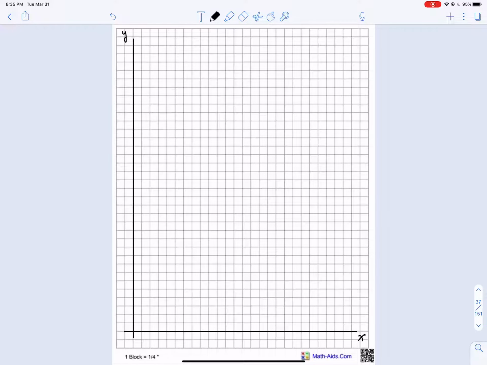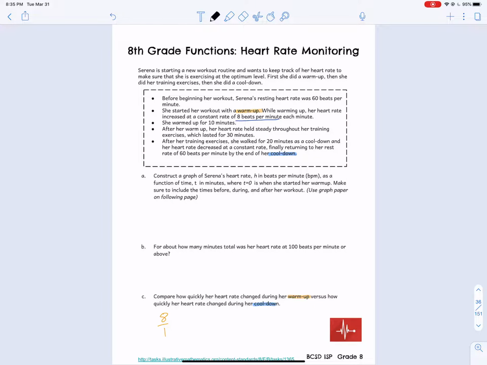Then we're going to need some numbers. We don't know exactly how high her heart rate gets based off of this information. I know that we need to look for 100 beats per minute.